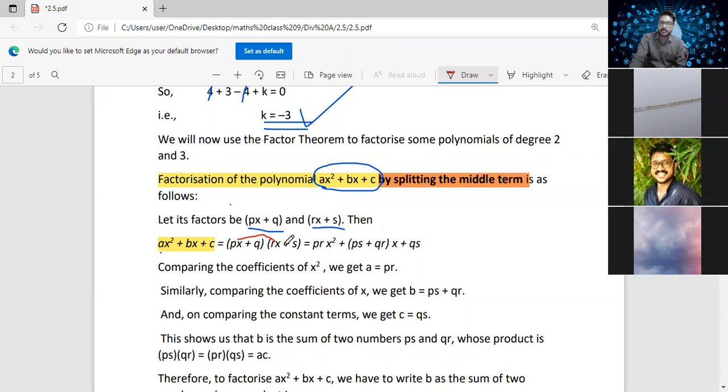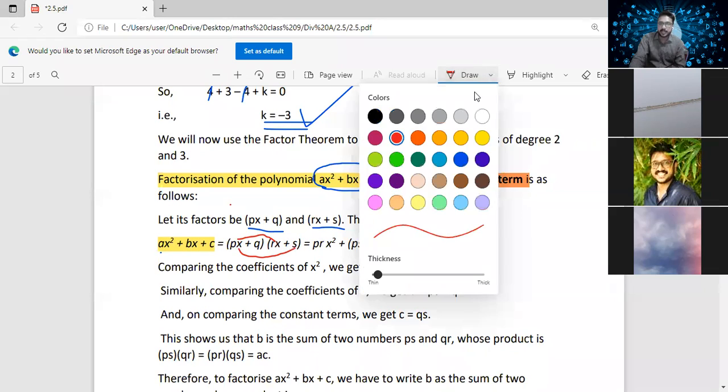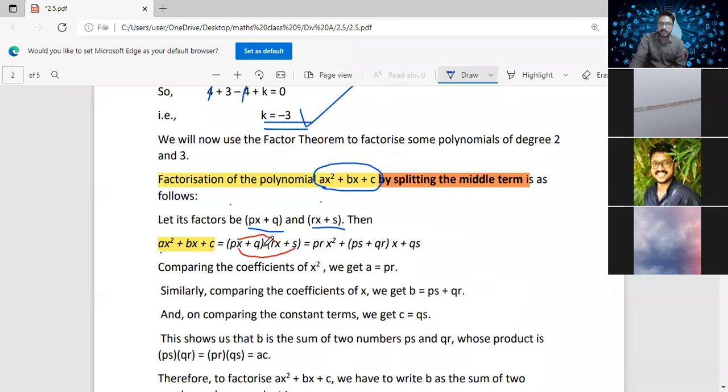Again, the plus sign is used, px into s, and again we multiply q into rx and q into s.